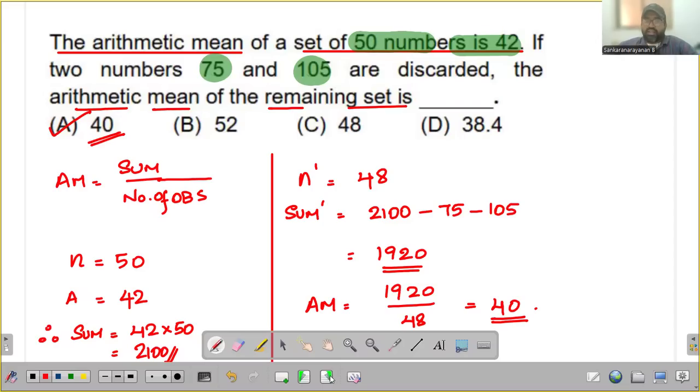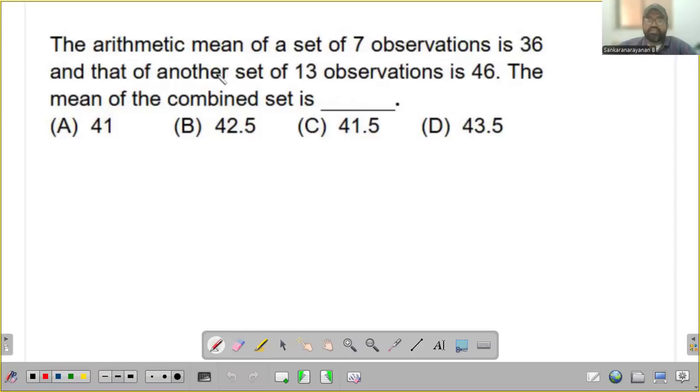Let's consider the next question. Take a look at this. The arithmetic mean of a set of 7 observations is 36 and that of another set of 13 observations is 46. So there is a set 1 number of observations and set 2 number of observations.